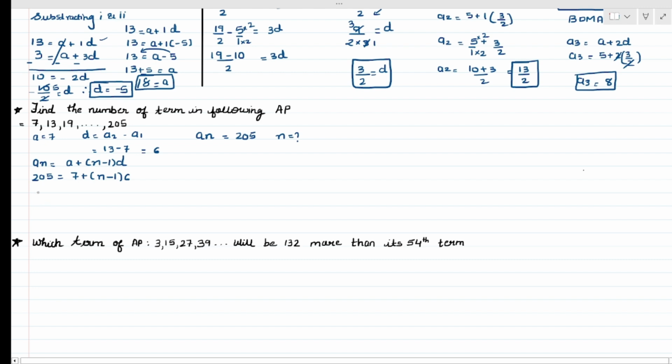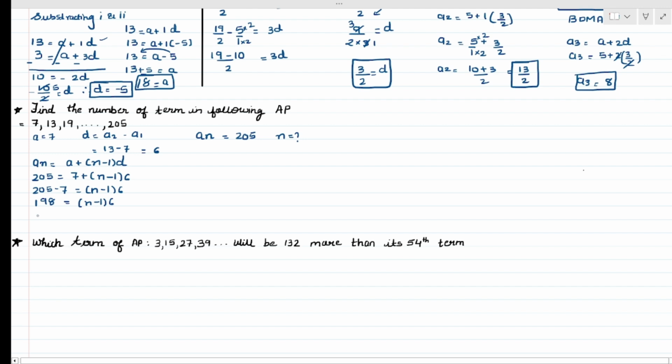So plus 7 goes over there and it becomes 205 minus 7 equals N minus 1 times 6. So 205 minus 7 gives me 198 equals N minus 1 times 6.